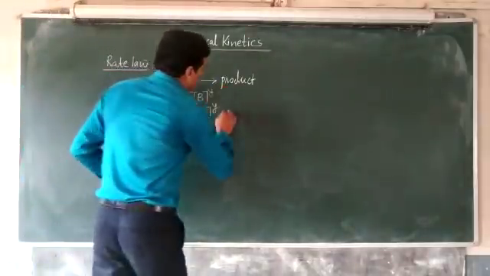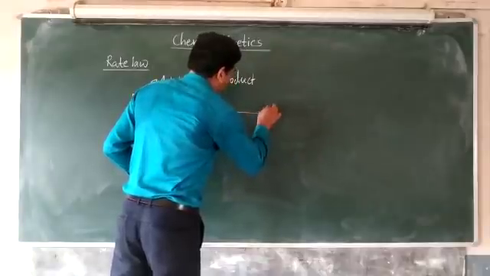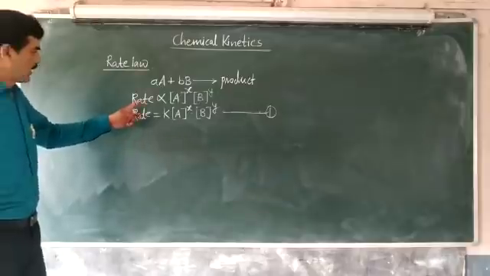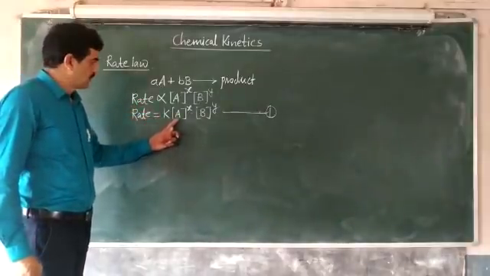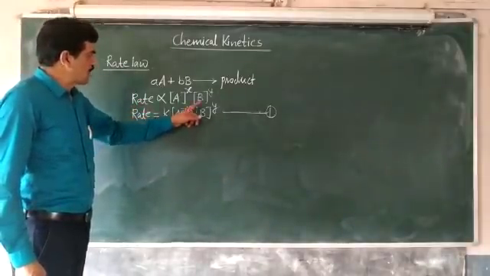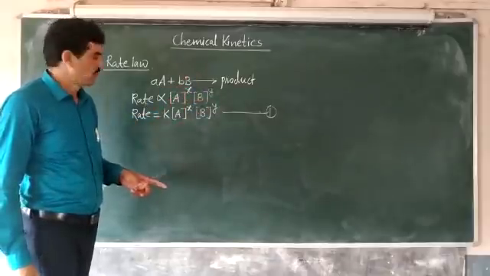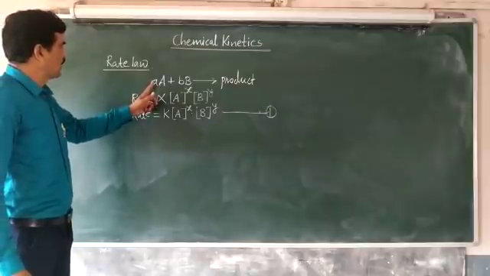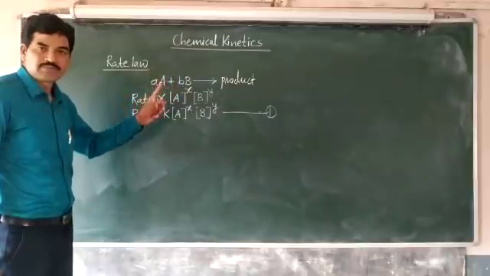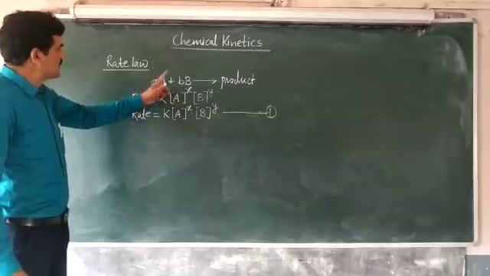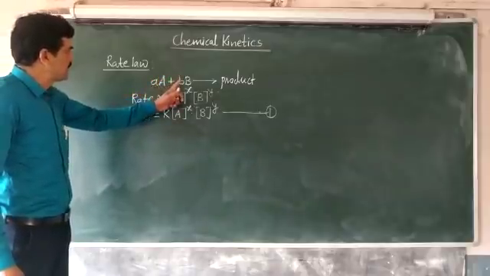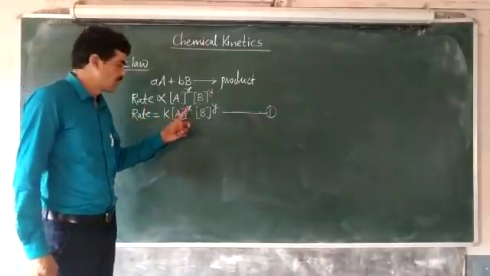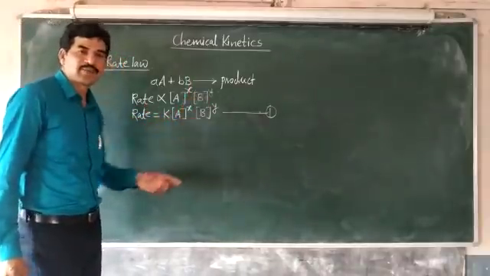So this equation is known as the rate law for this reaction. In the rate law, the exponents x and y are not necessarily equal to the coefficients a and b. The coefficients a and b, that is the number of moles of the reactants A and B, are not necessarily equal to the exponents x and y.